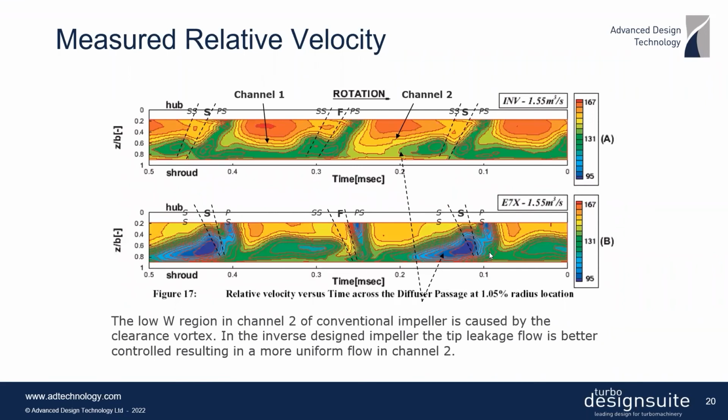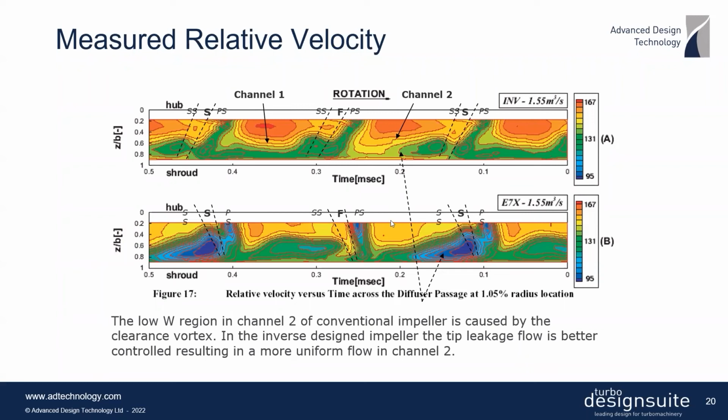So one of the nice facilities they had was the ability to do fast response probe measurements. So then what you can see here is the measurements of the exit flow non-uniformity from the impeller. And so the lower is the conventional design and the upper is the inverse impeller. And this is actually the relative velocity measured with this fast response probe.